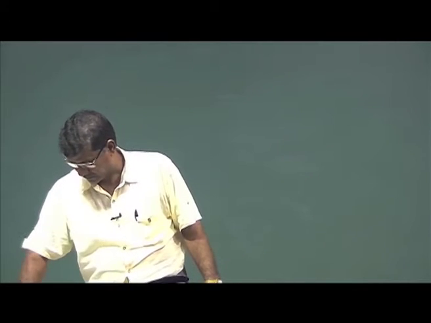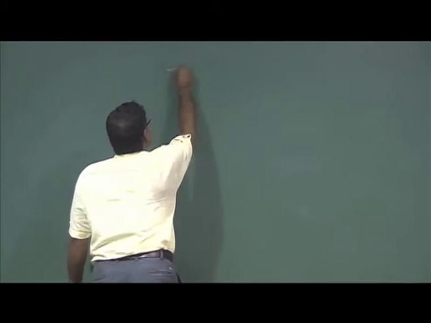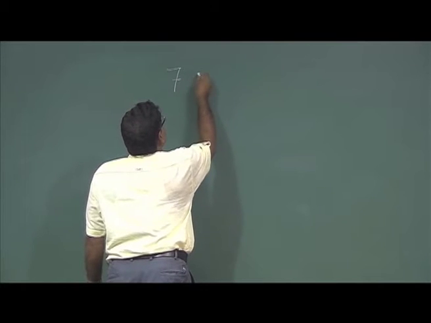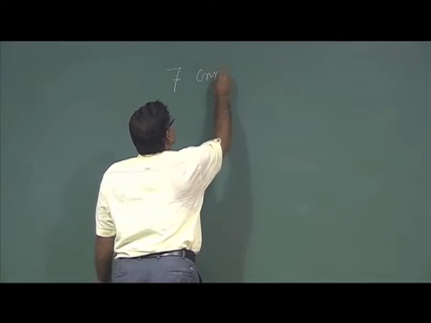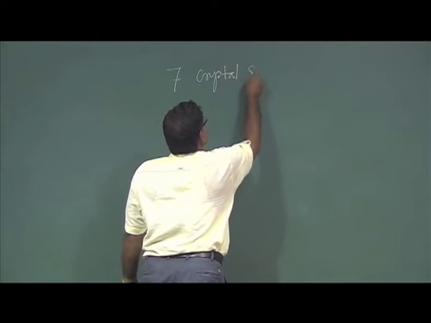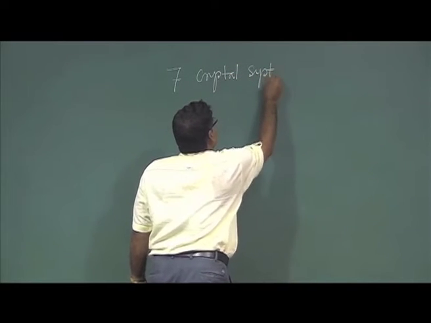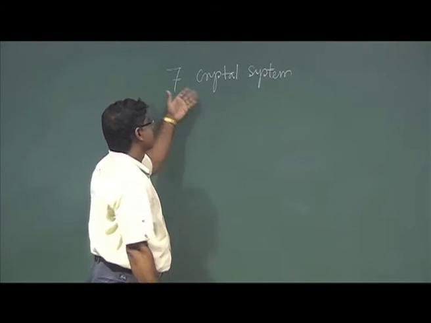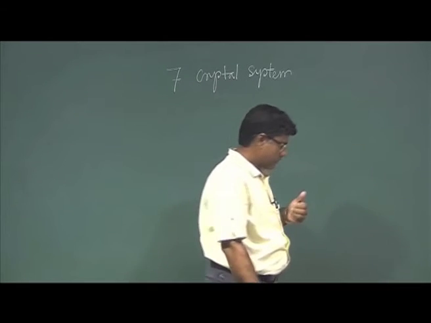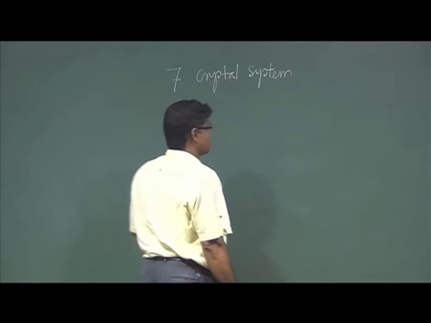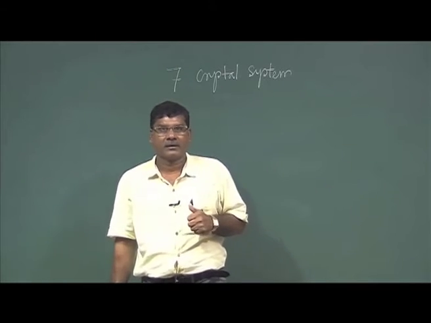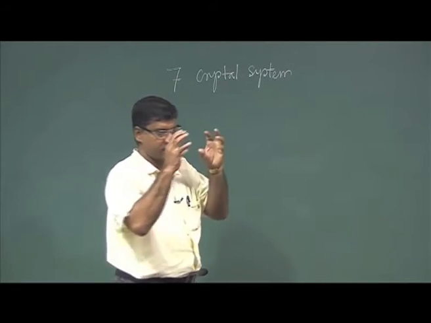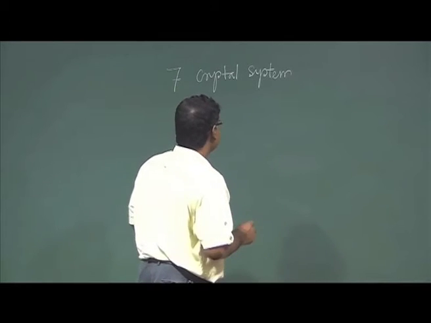We have seen the seven crystal systems, where the lattice points are considered at the corner of the unit cell or pattern unit.